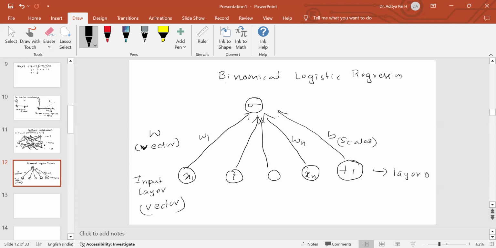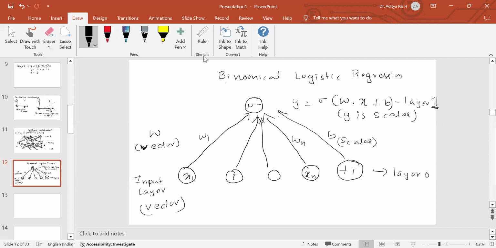And you can see that when I'm applying this, the input with the weights is applied to this node. Here we are using the sigma function. So the output of this is the activation we're getting, sigma of w into x plus b. This is for layer 1. And this y is nothing but a scalar.